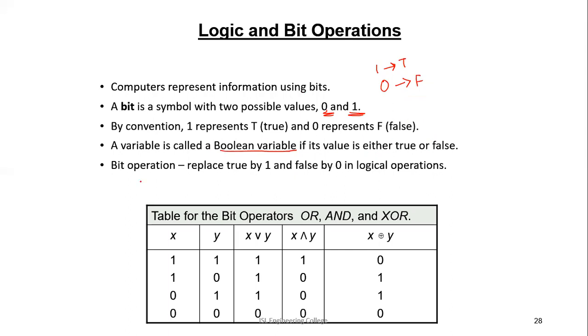Now there are bit operations that can be applied. When we are using AND, OR or XOR, we replace true by 1 and false by 0. Every time we used the truth table, we wrote true true, false false.